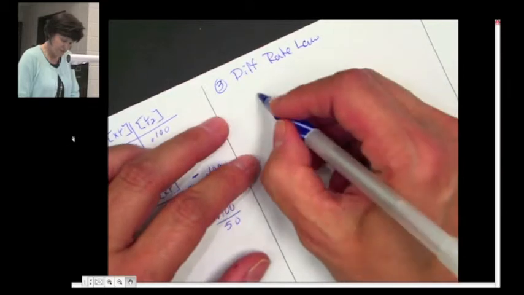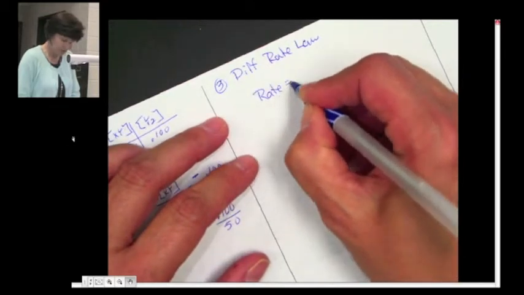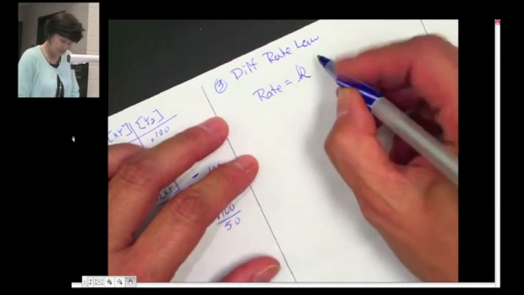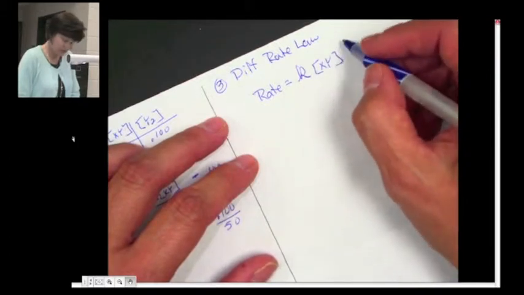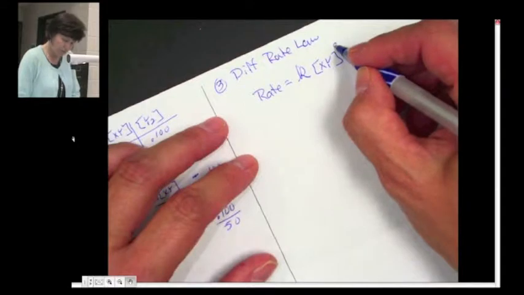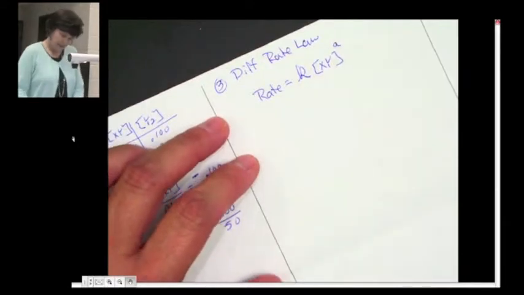And it takes the form of rate is equal to the rate constant times the concentration of the reactants to some order. All right.